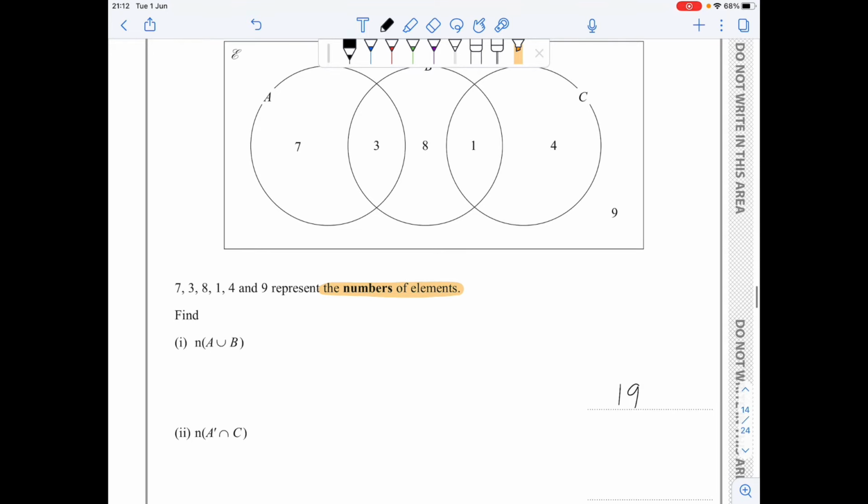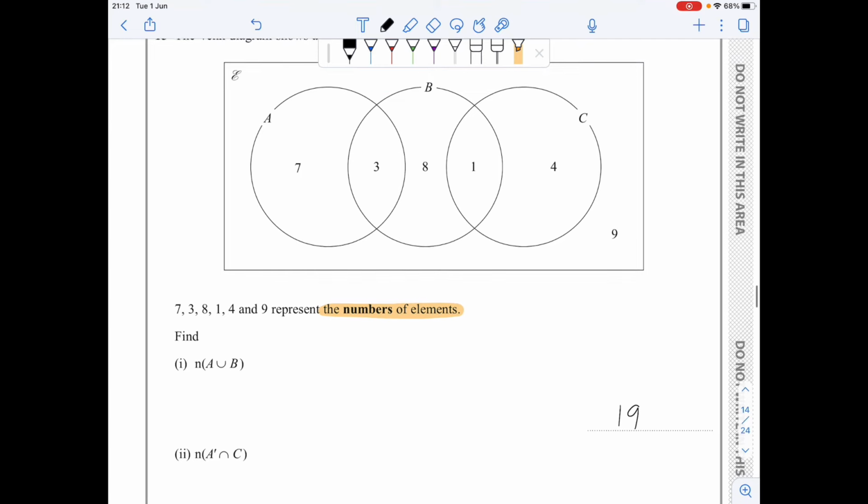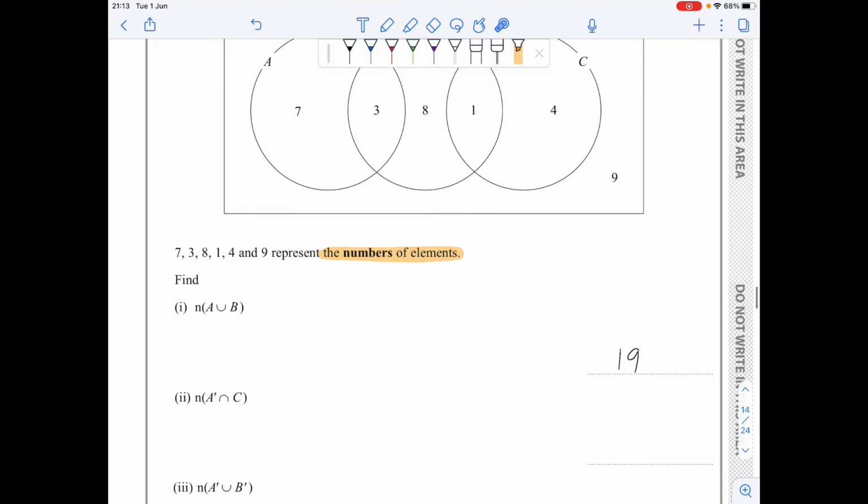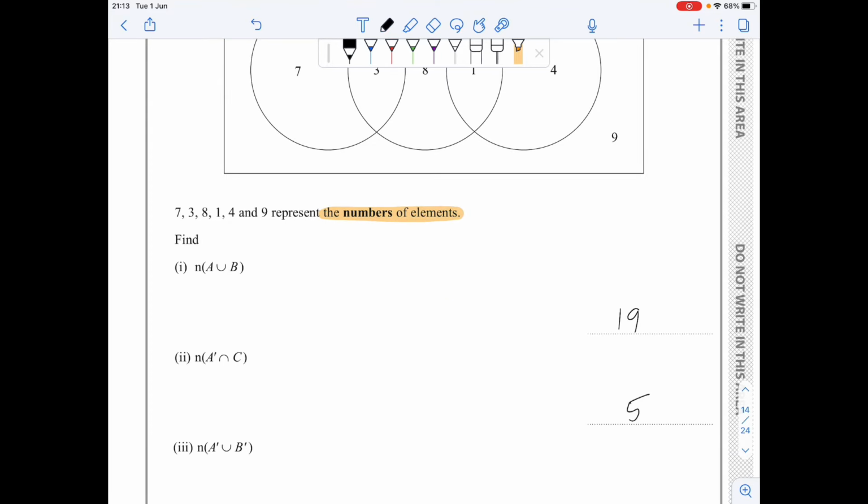Now A complement intersection C, I need to be outside A and inside C. So outside A are these numbers from these four regions. Inside C are only these two. So 4 plus 1 is equal to 5.